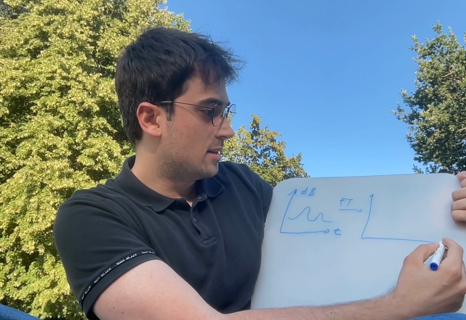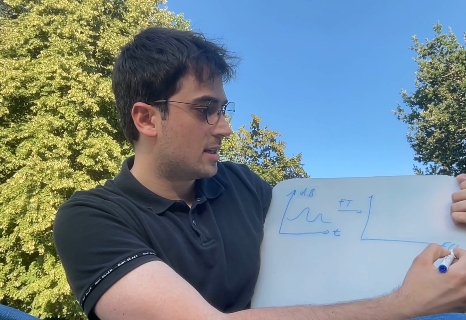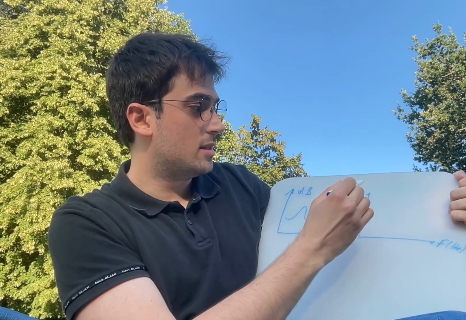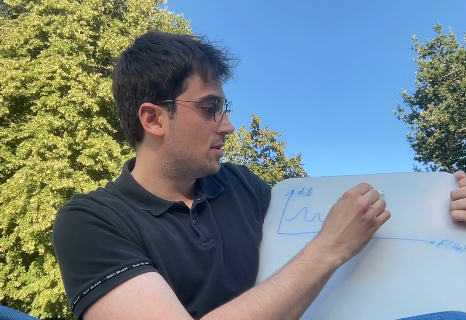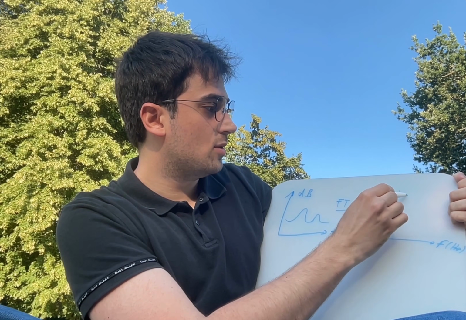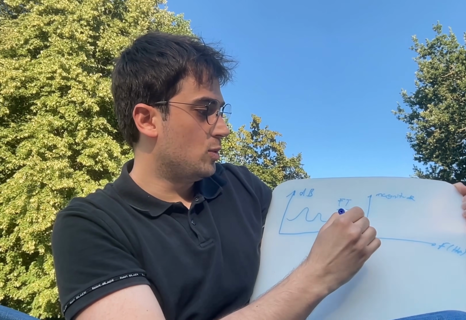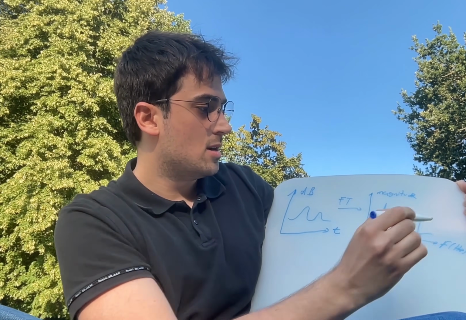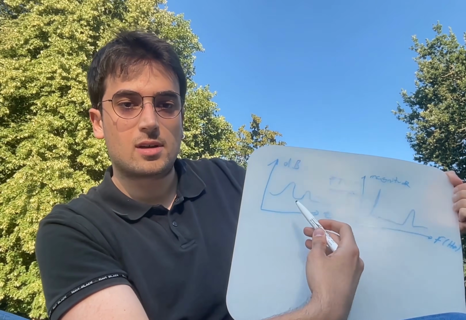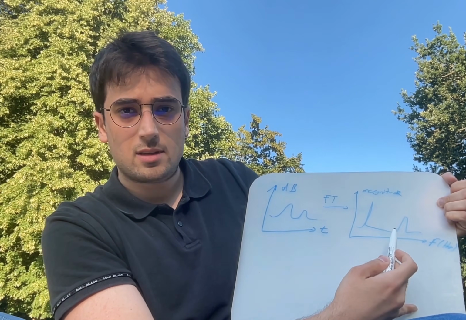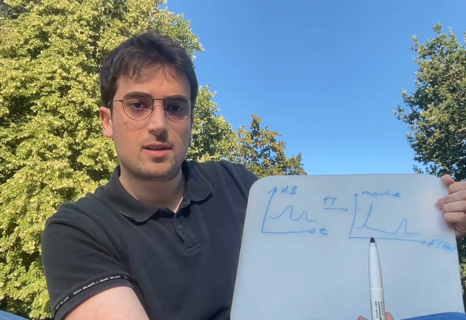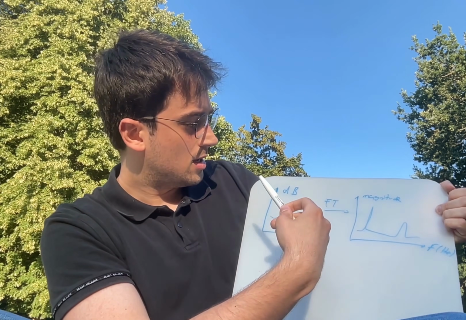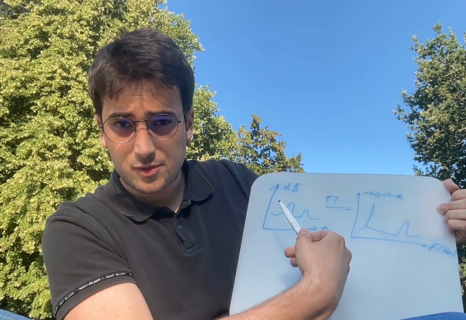So again, this is the frequency, let's say hertz, and this is the magnitude of your frequency. So you would see something like this. Let's say in your voice record there are two different frequencies, right? Let's say you and your girlfriend are talking at the same time in your voice record.